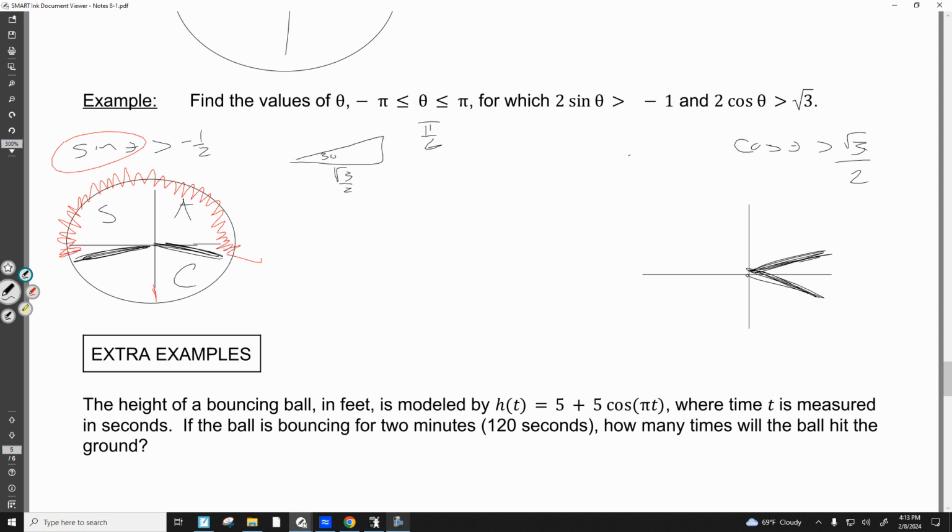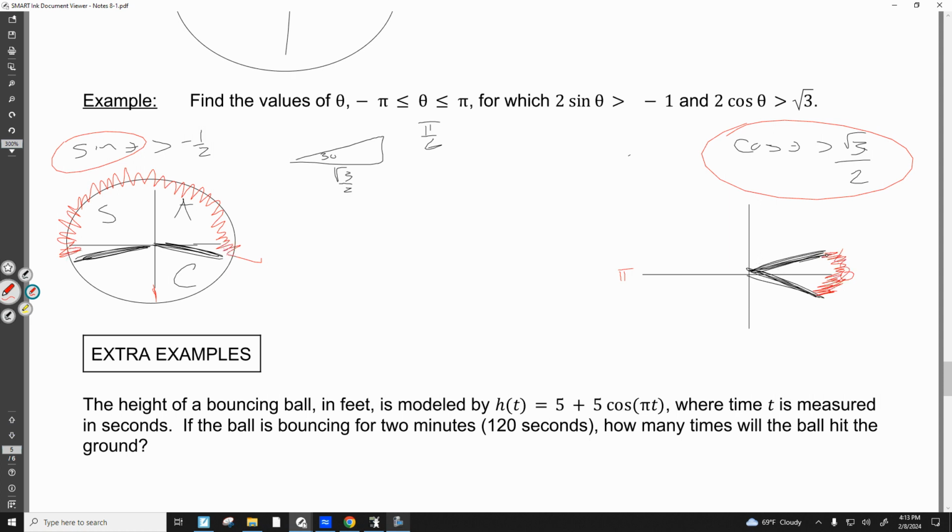Cool. Now, where is cosine bigger than root 3 over 2? Well, remember the cosine's minimum value is over here at pi. The cosine of pi is negative 1. The cosine's maximum value is over here at 0 and 2 pi. So where are we going to be bigger? Where's the adjacent side length larger? If we think about our unit circle, there.